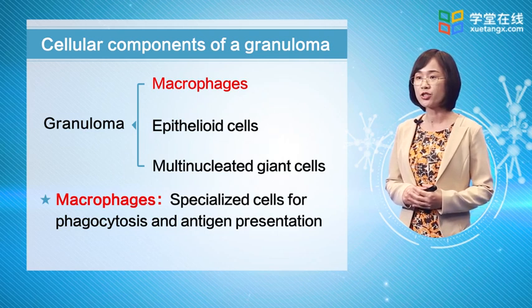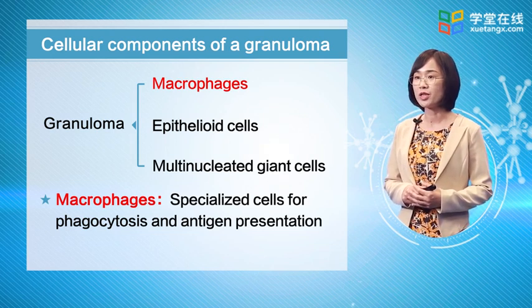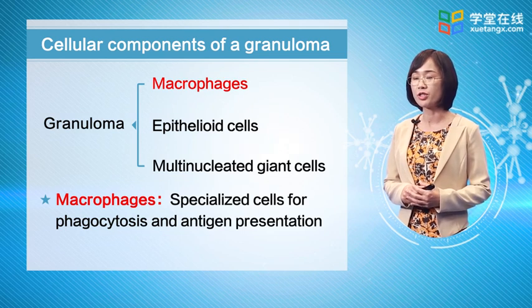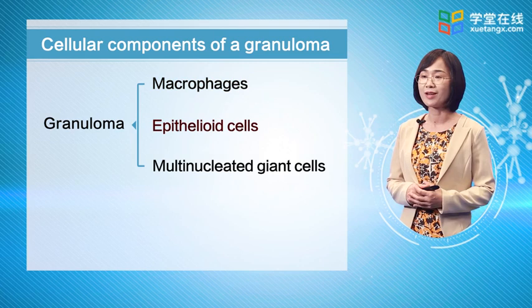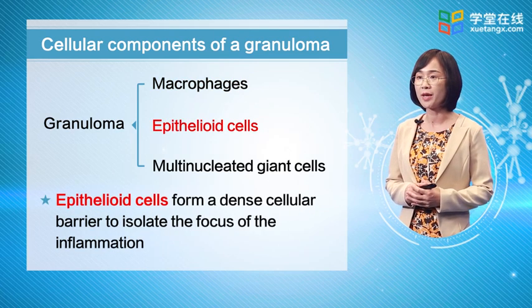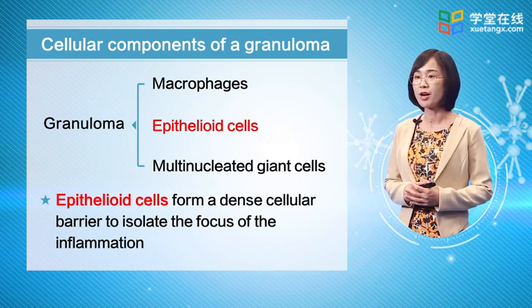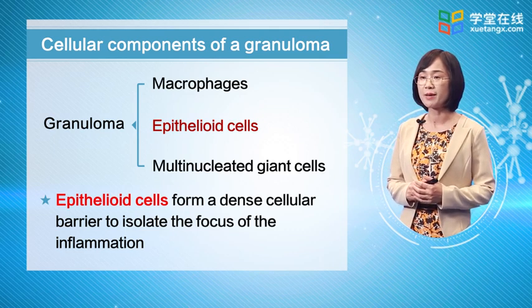When they attempt to phagocytose persistent antigens or foreign bodies, they transform themselves into epithelioid cells or multinucleated giant cells. Epithelioid cells form a dense cellular barrier, just like epithelial cells, isolating the microbes from the surrounding tissue, and so preventing microbial dissemination.